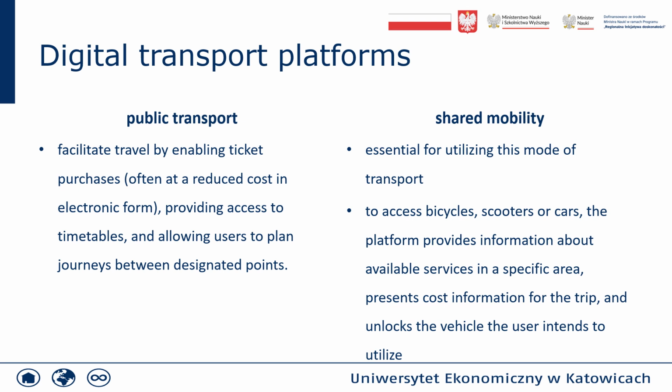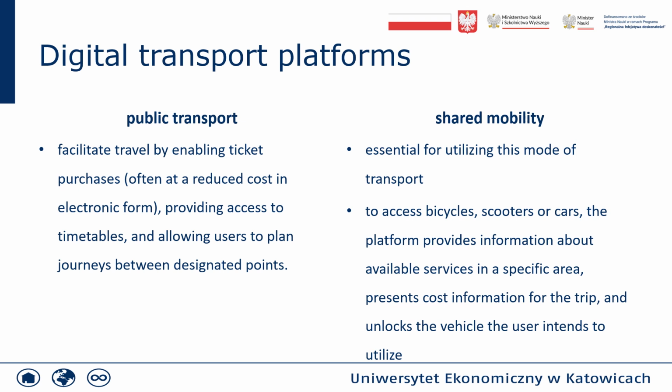In the case of public transport, digital platforms facilitate travel by enabling ticket purchases, often at a reduced cost, in electronic form. They can provide access to timetables and allow users to plan journeys between designated points.